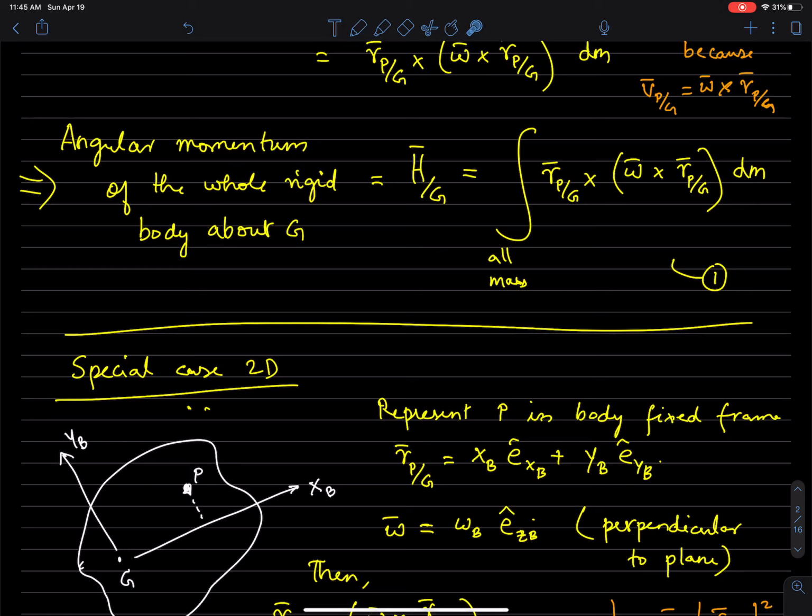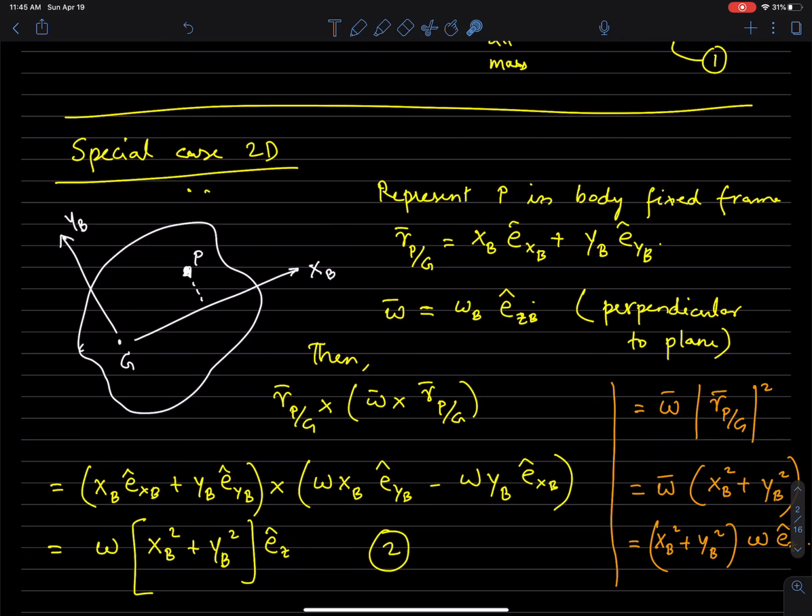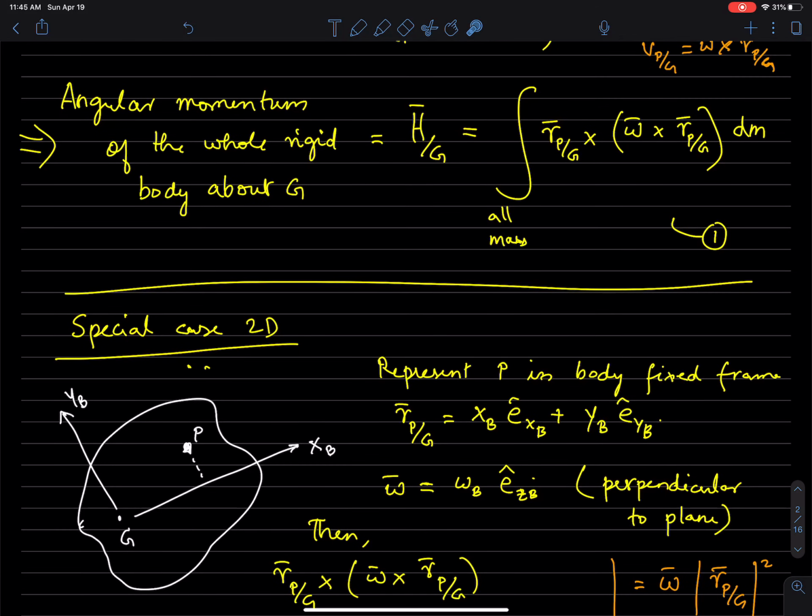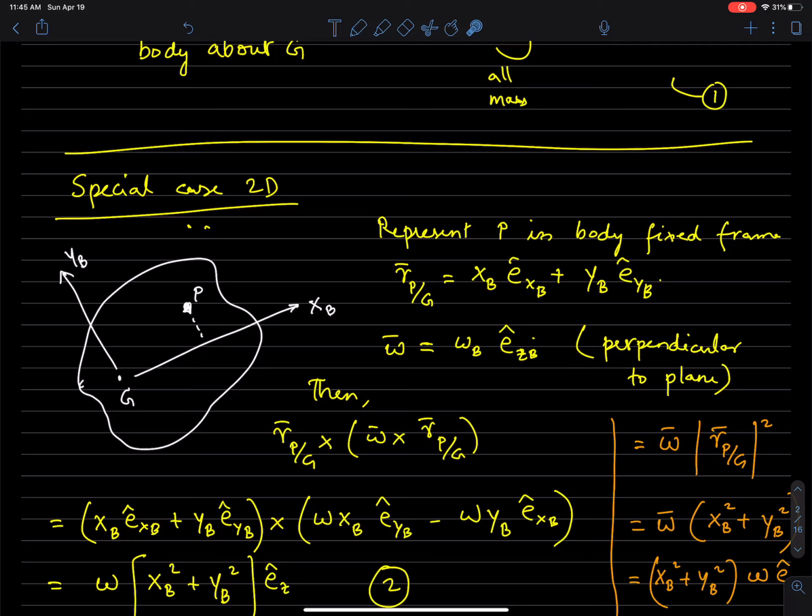Let's do a 2D special case first, to see how to think about this messy looking expression superficially in 2D. Let's write this equation down and expand it out for the 2D case.